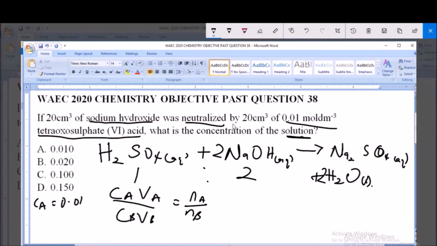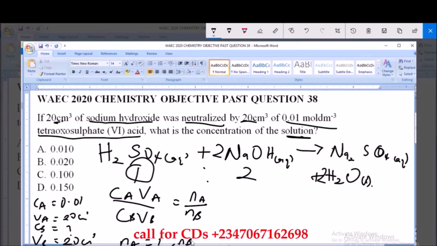Va is volume of acid, 20 cm³. Cb is what we are looking for, unknown. Vb is 20 cm³. Na is this 1 and Nb is this 2.